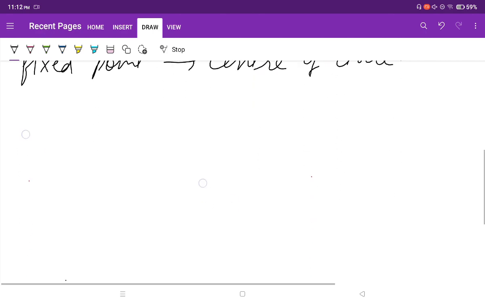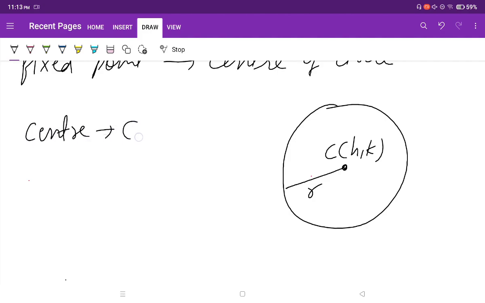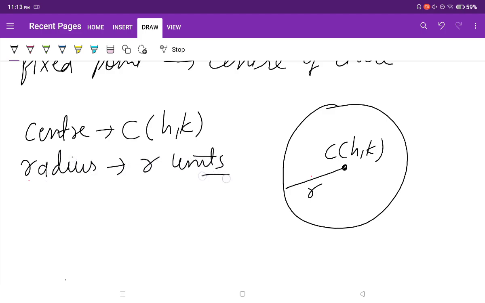Now let's move to the mathematics part. Suppose I have a circle here with center with coordinates h, k, and radius r. Now what are the fixed parameters here? The fixed parameters are the center of the circle with coordinates h, k, and the radius of the circle, r units, right?